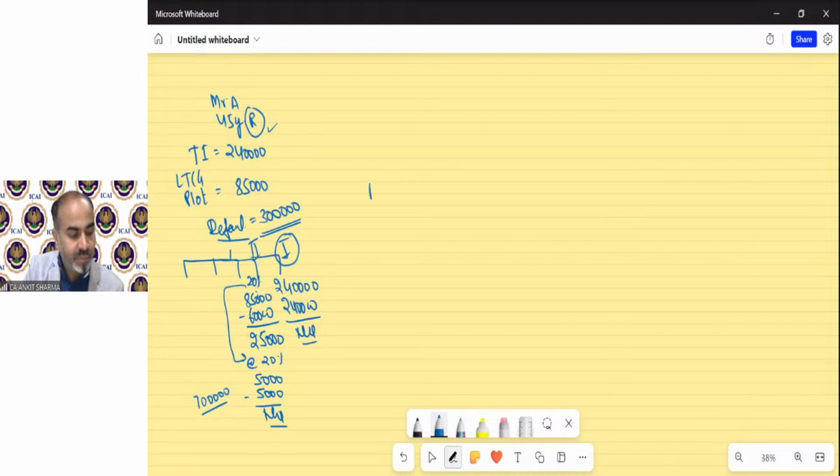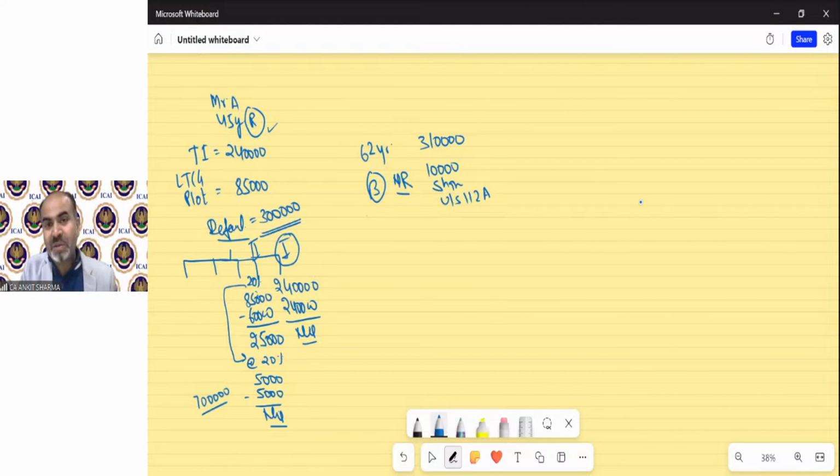Case B. Now it says age is 62 years and Mr. B is a non-resident. The income has been given as 3,10,000, and 10,000 income has been given on shares, that is under section 112A, on which STT has been paid.